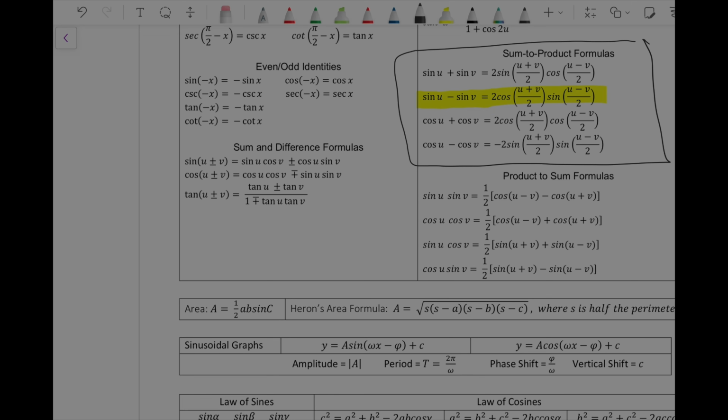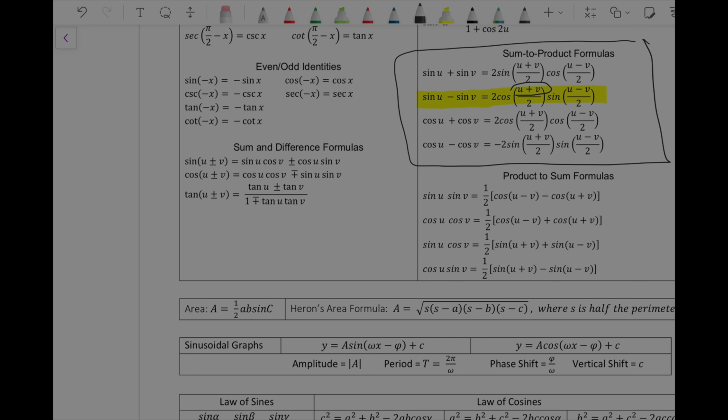Okay. Let's go identify our u's and our v's and then plug them into our formula. This will be sine minus a sine.